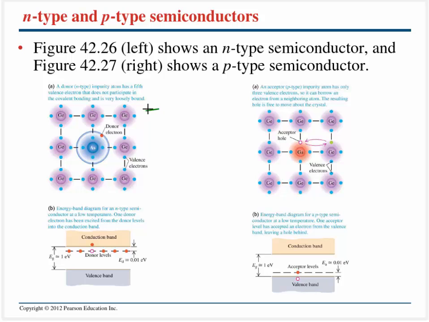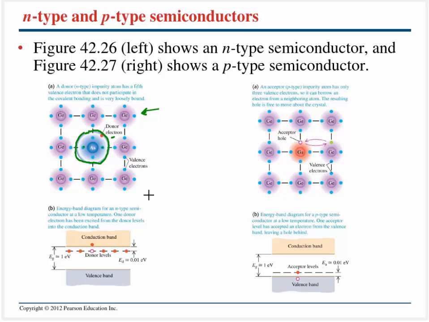If we had a germanium structure just like this, and we were to input an impurity, in this case let's put in arsenic. Arsenic actually has 5 electrons in its outermost shell, and so when it goes into the germanium structure, you can kind of see electron, electron, electron, electron. And we have this extra electron that's kind of a donor electron.